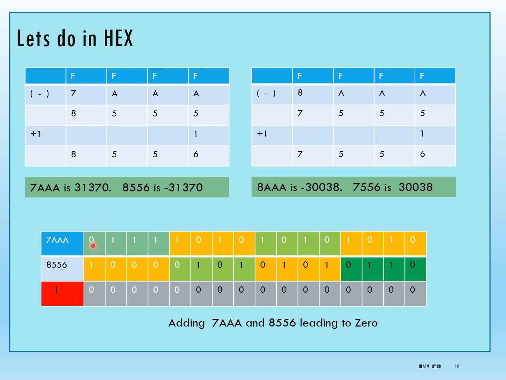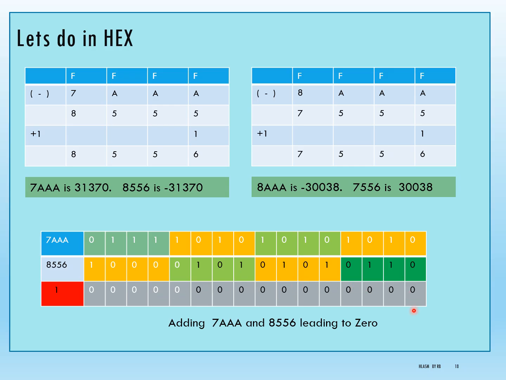Finally here also you will have 1 plus 1 is 10 and you will go 1. So if you really add these two things, it is 1 followed by all these zeros. But we are talking about only 16 bits here. This will get discarded and this will be lost. So what will come is 0000.